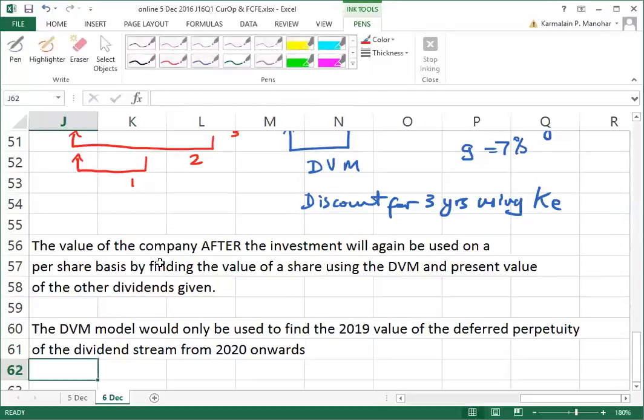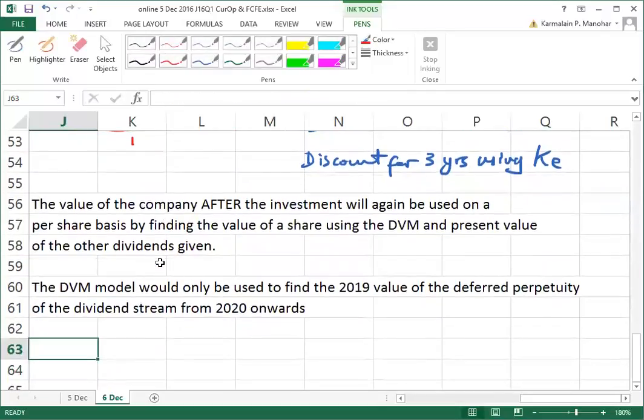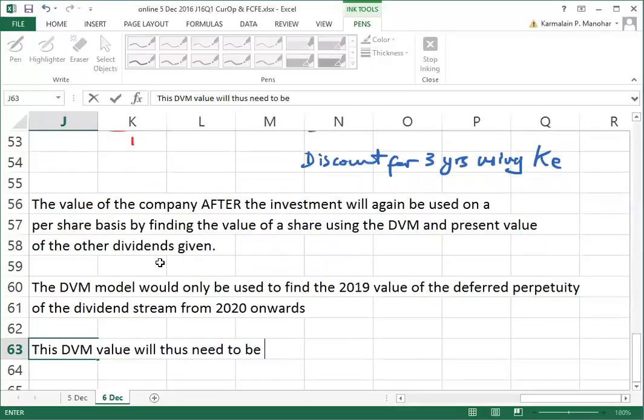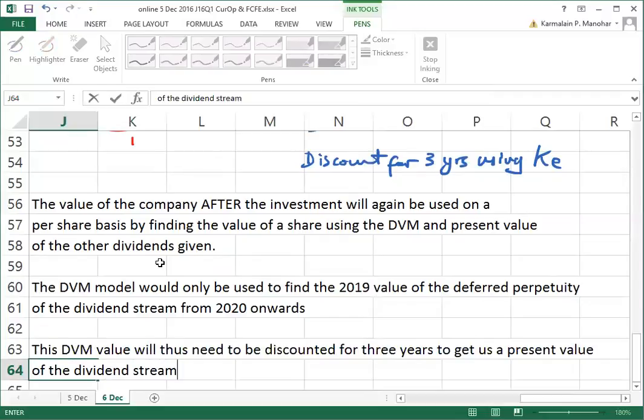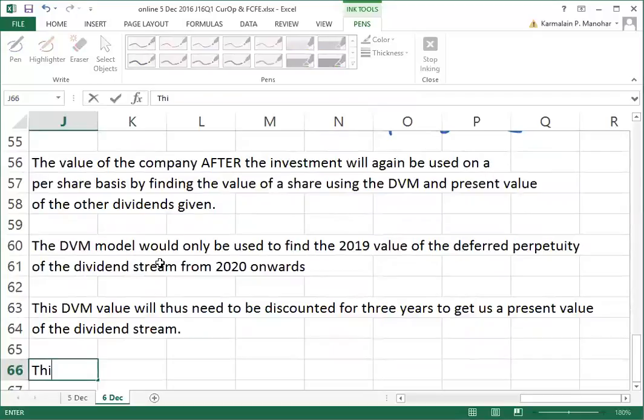So again, just describing this DVM value will thus need to be discounted for 3 years to get us a present value of the dividend stream.